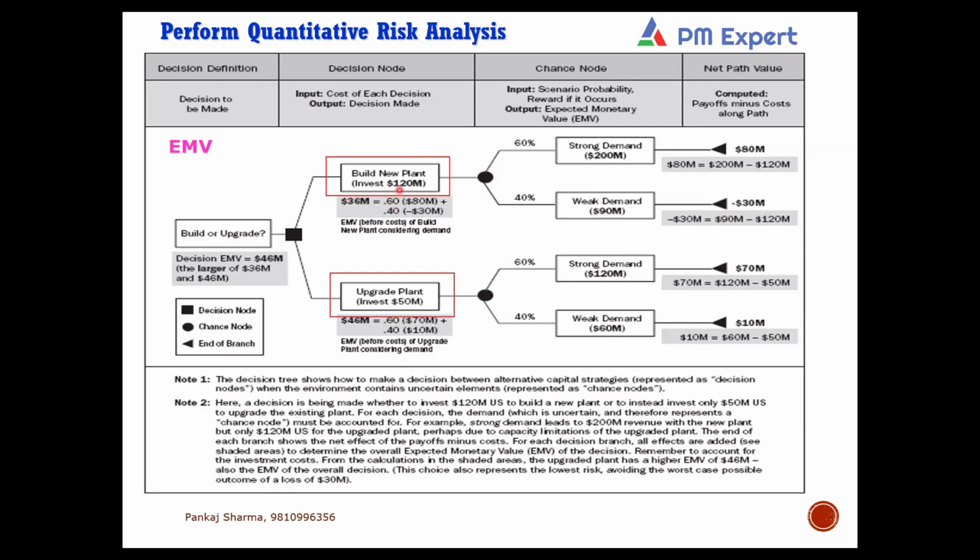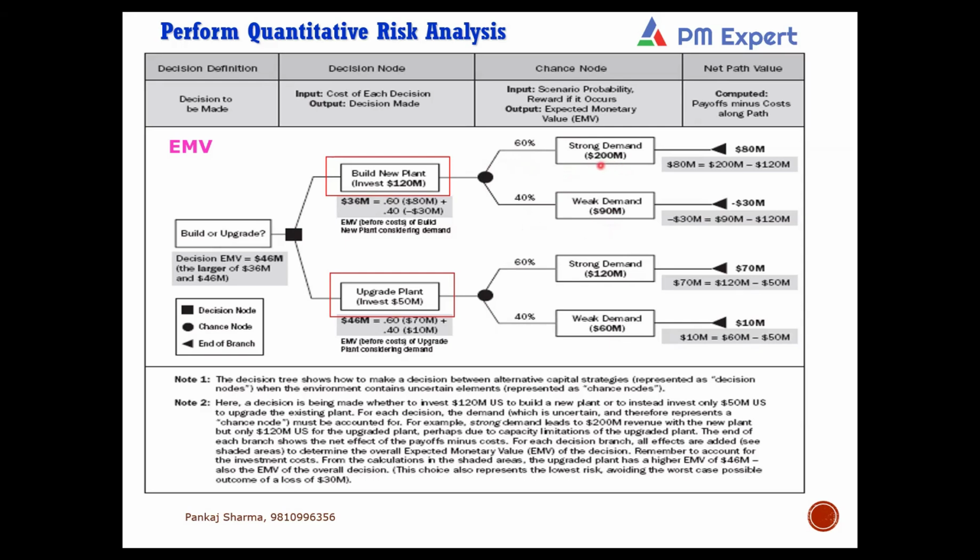When I build a new plant, the probability of success is 60, probability of failure is 40. And if the strong demand happens, I'll make 200 million US dollars. If the demand is weak, not as per my anticipation, I'll make only 90 million US dollars.